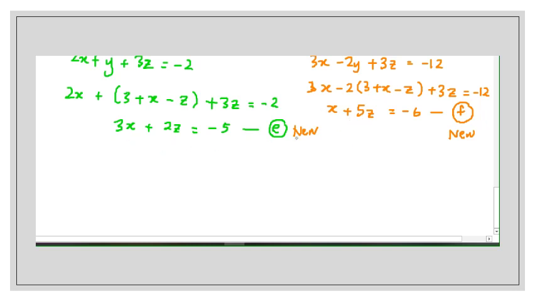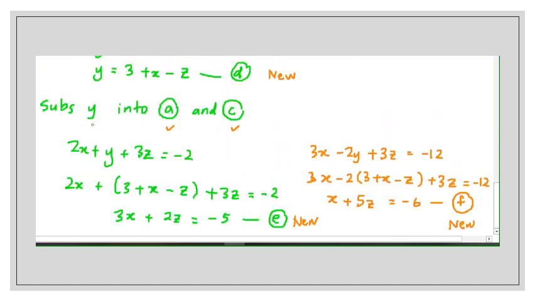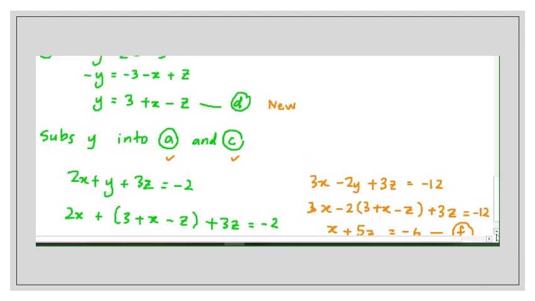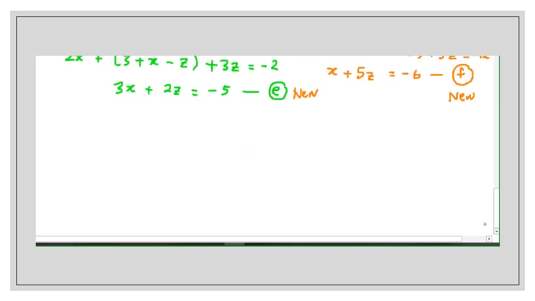There are no more y. Why are there no more y unknowns? Because we already substituted the value of y. So make sure that if you still have y terms, it means that you already made a careless mistake.